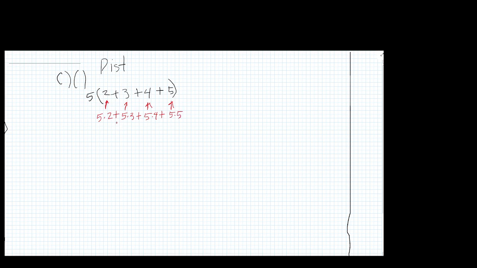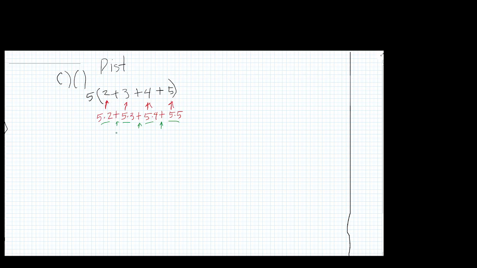Okay? And always, let me get a different pen. Get into the habit of saving your additions for the end. Always do your multiplications before you do any additions. So we have 1 multiplication, 2 multiplications, 3 multiplications, 4 multiplications.